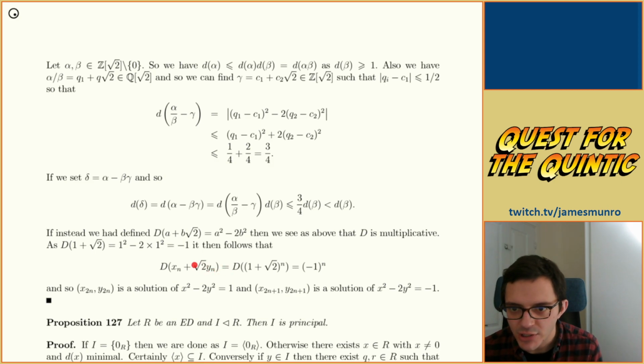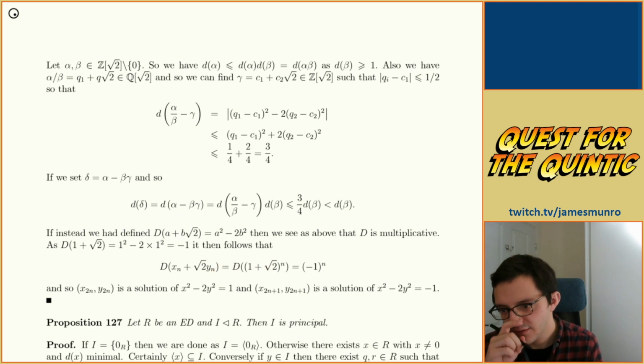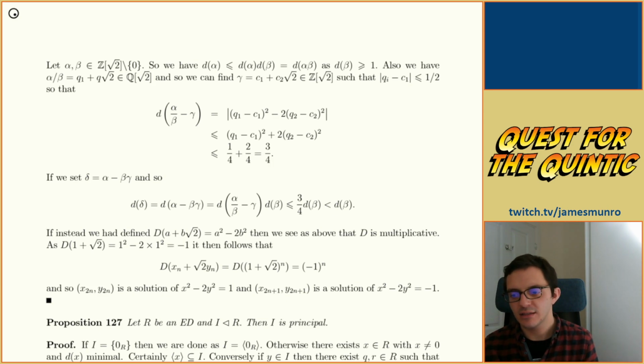I think this must be a definition of x_n plus root 2 y_n. It's just being this power thing. And because it's multiplicative, it's taking the D, the norm of that thing, which is 1 minus 2 times 2, is... What? 1 minus 2 times 2 is minus 3.